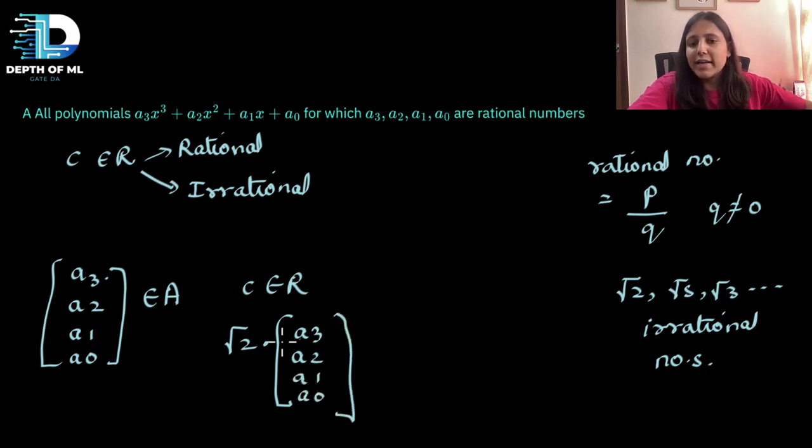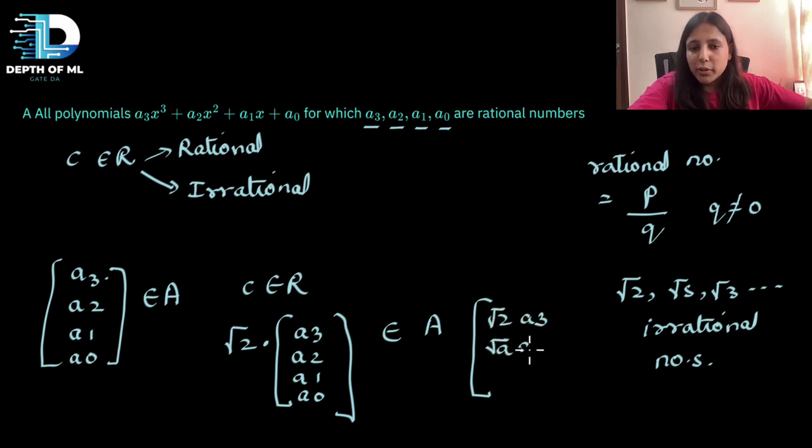If this is a valid subspace, then this should belong to A, right? But this already said that a3, a2, a1 and a0 are rational numbers. The moment I multiply an irrational number with all of these coordinate values, they become irrational. So this will be root 2 a3, root 2 a2, root 2 a1, root 2 a0.